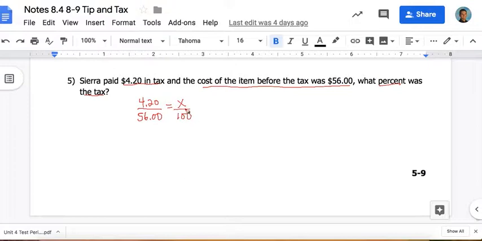I put an X here because I don't know the percent. So 56 times X is 56X. 420 times 100 is 420. And the opposite of multiplication is division, so we're going to divide both sides by 56. 56 divided by 56 is a 1 in disguise, so X equals 7.5%.